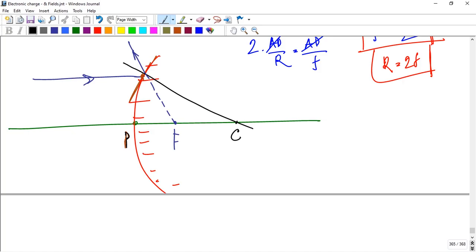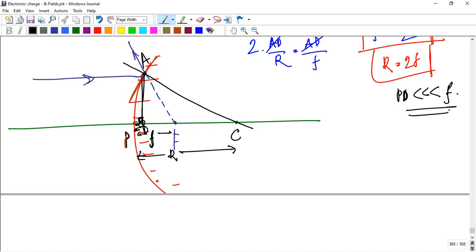Pole to focus is the focal length, and pole to center of curvature is R, the radius of curvature. Now say this point is A, and draw a perpendicular from A on the principal axis, this angle is 90 degrees, and say this point is D. We ignore PD because PD is very small with respect to F.